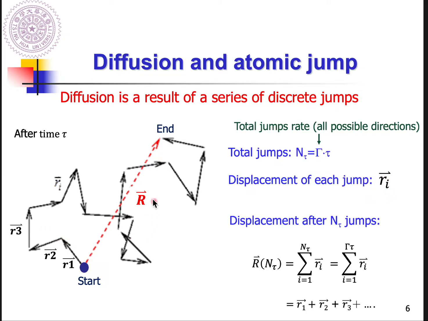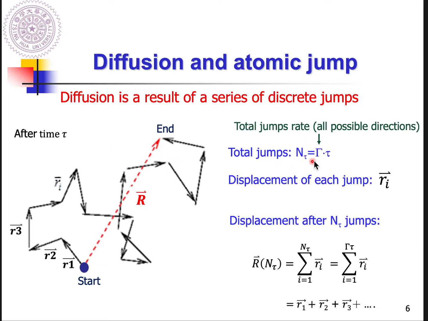So the capital R is the sum of each jump: r1, r2, r3, and so on until r N tau. And N tau is the total number of jumps.